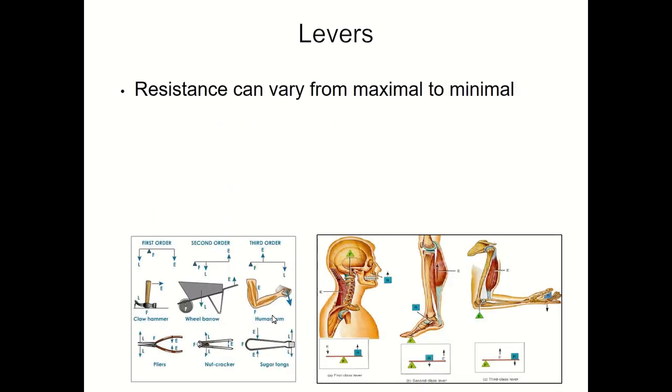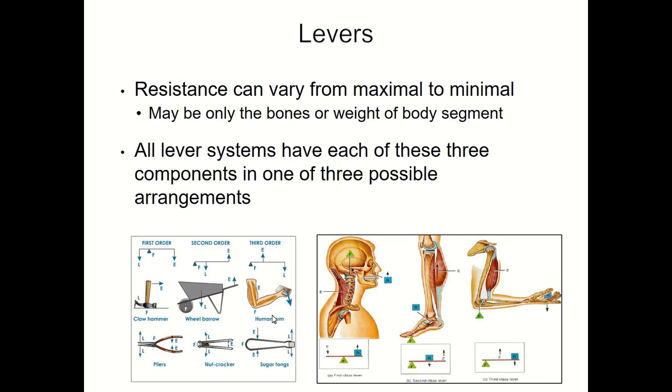So this is a good overview slide about the levers that I'll talk about today. There are three types, and they're configured in different ways. The first order here, what you can see is that you have the lever on one side, the fulcrum in the middle, and the effort or the load on the other.